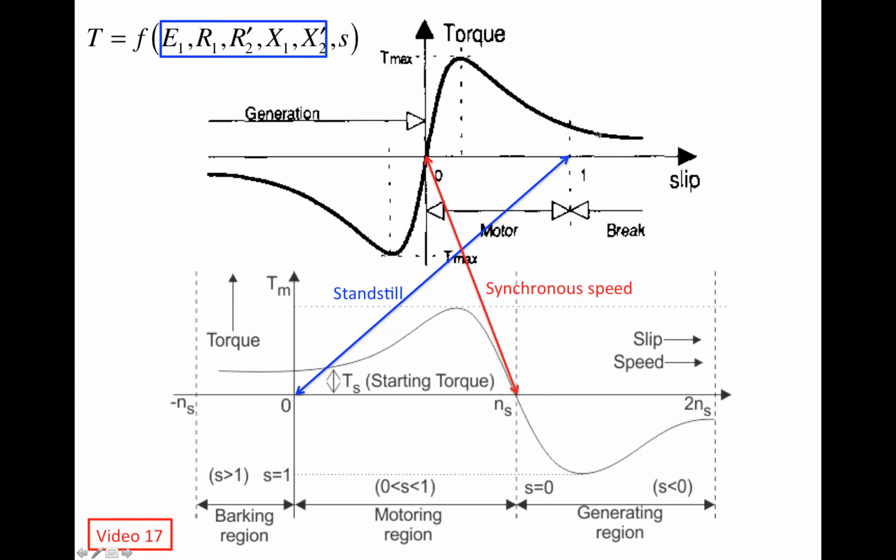But we have to keep in mind that the results we obtain for the positive slip region are also applicable to the negative slip region. If we derive anything on the positive slip side, it's also applicable to the negative slip side.